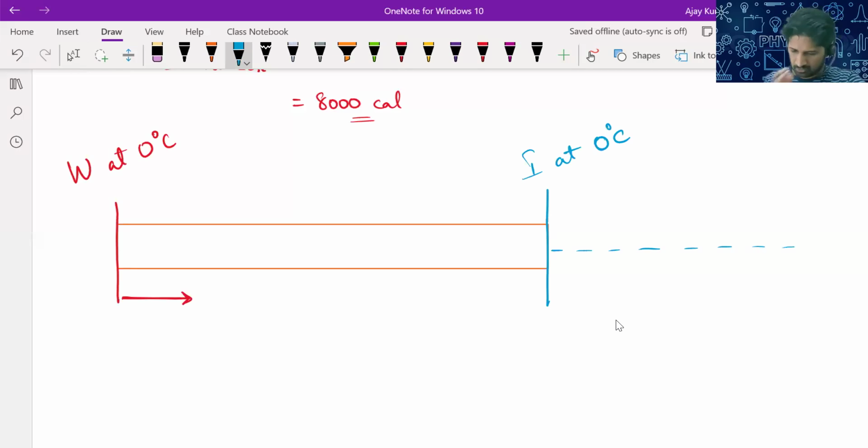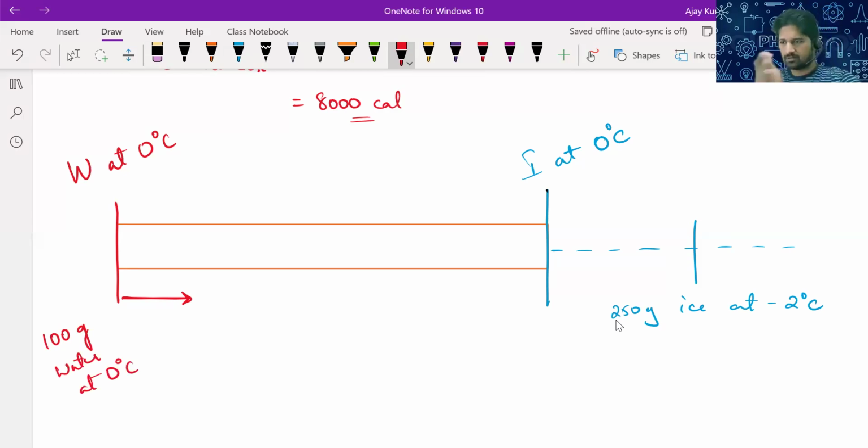On the other hand, as water entered this stage, the actual ice that was there was here. How much? 250-gram ice that was there is at minus 2 degrees C. It has not reached 0 yet. This water that is there, 100-gram water at 0 degrees, has started this stage of converting into ice, a stage where change of state happens.